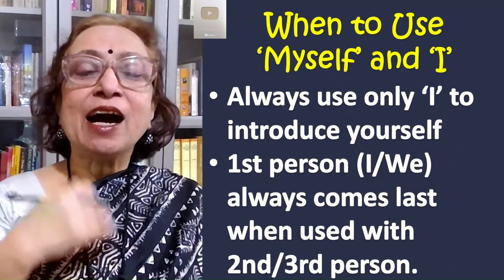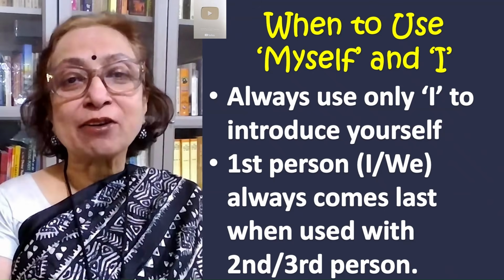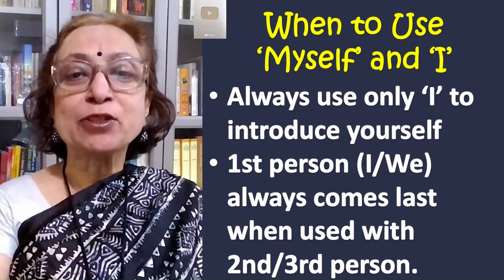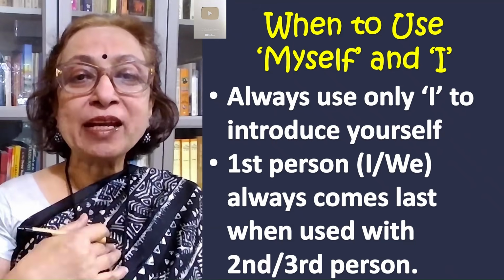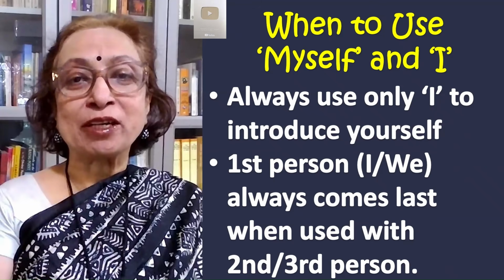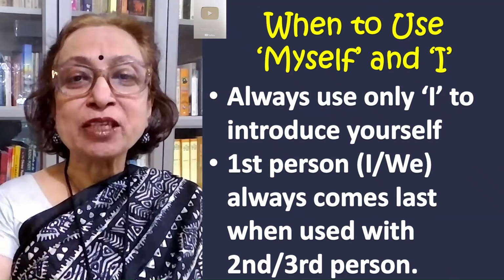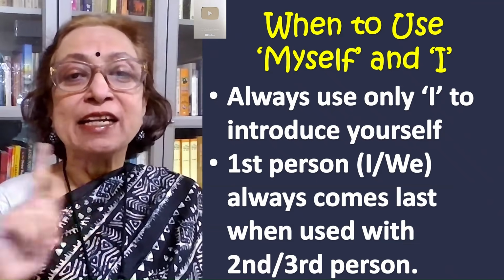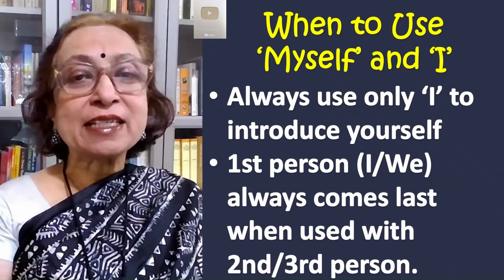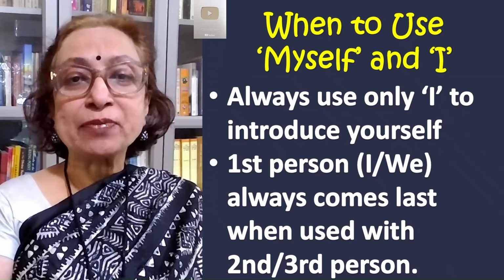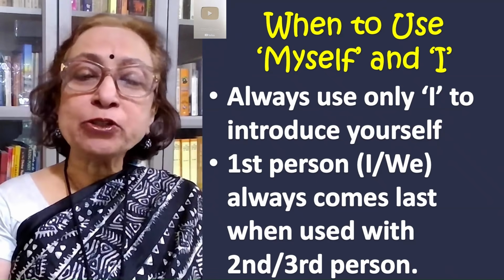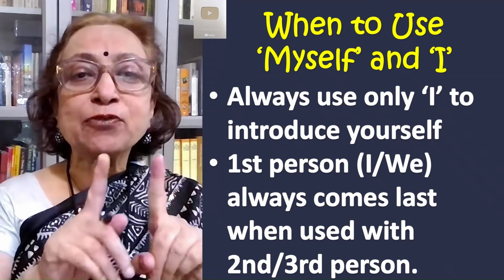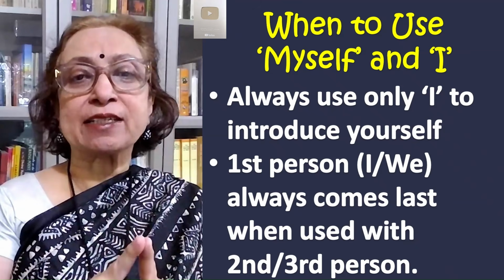You should say, I am Sumita Roy, or my name is Sumita Roy. Please call me Sumita Roy. This is Sumita Roy. In this way, we introduce ourselves, never by saying myself and then your name. That is wrong.